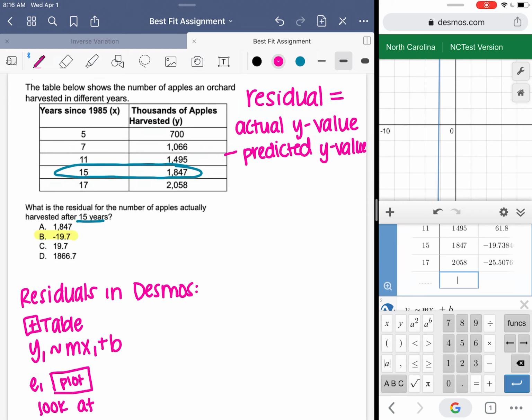You click that button, and then you're looking at column E1 in the table.